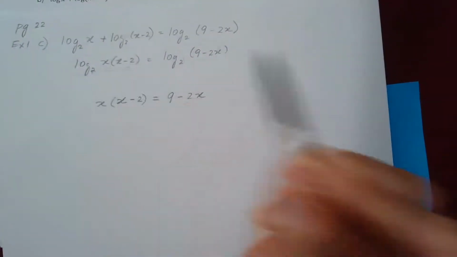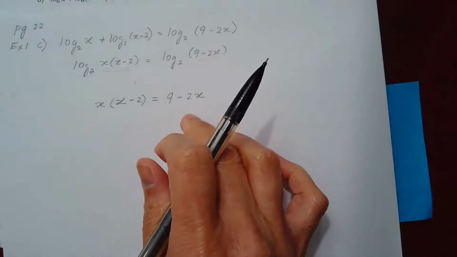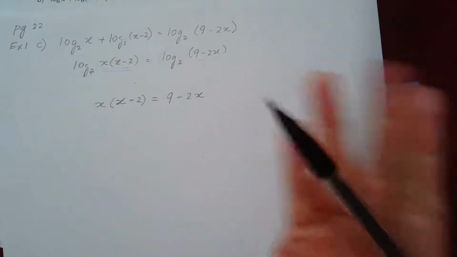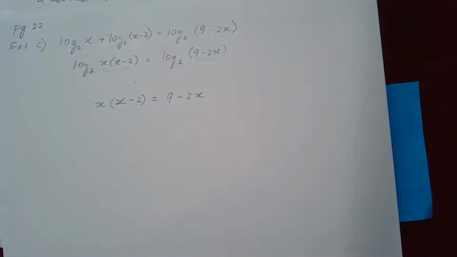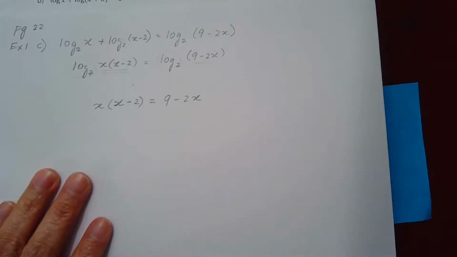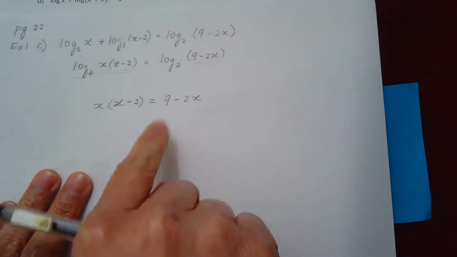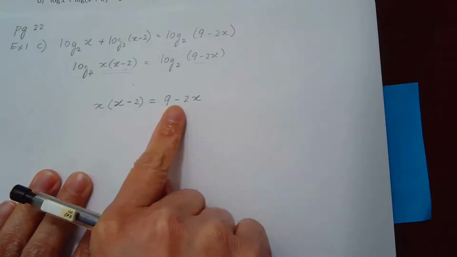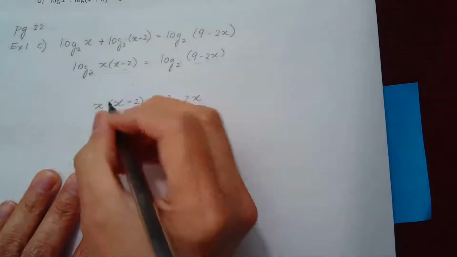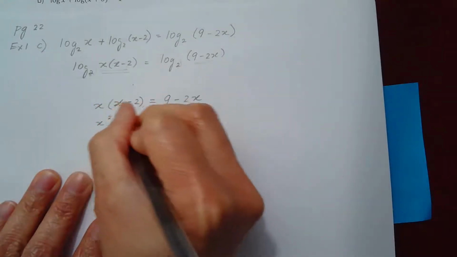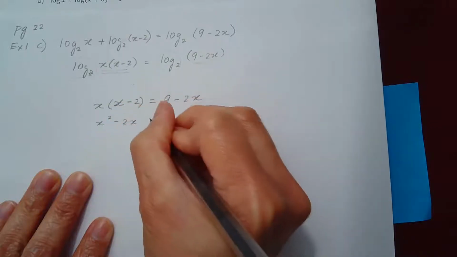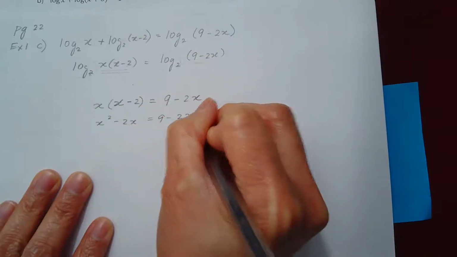So these two have to be the same. And I'm actually also thinking about a different strategy. That's why I'm kind of pausing for a little bit. Just thought about it, a different strategy, but I'll continue on with this. So this one here, we can expand this. So x squared minus 2x equals to 9 minus 2x.